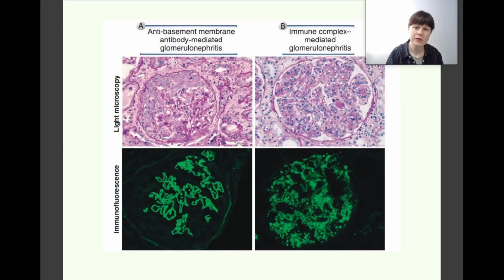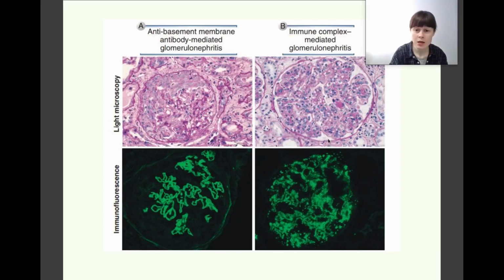In the case of immune complex mediated glomerulonephritis, this is induced by immune complex deposition, for example in systemic lupus erythematosus, and as you see, the light microscope shows neutrophilic inflammation because, like we talked before, neutrophils, anaphylatoxin, mast cell degranulation, and macrophage activation all contribute in this localized tissue.